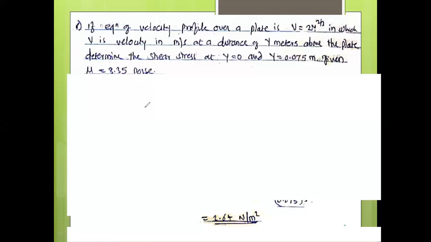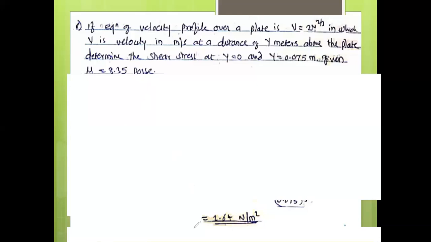So first of all, write down the given things. What is given? Dynamic viscosity is given. Mu is equal to 8.35 poise. So convert that poise in Newton second per meter square. How to convert that? Who will tell me?